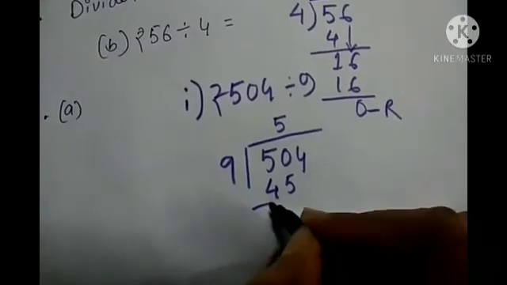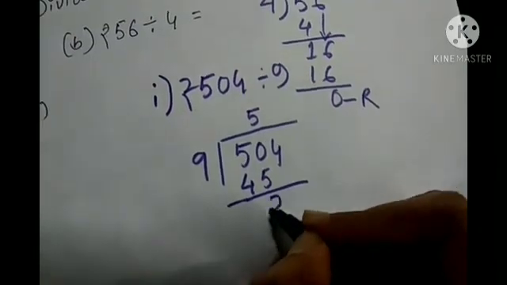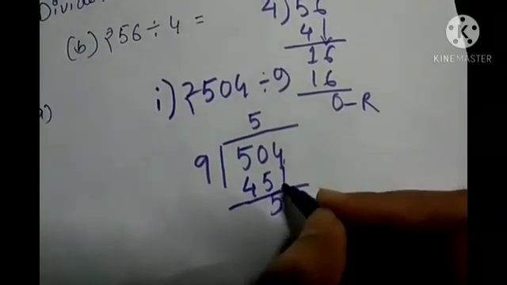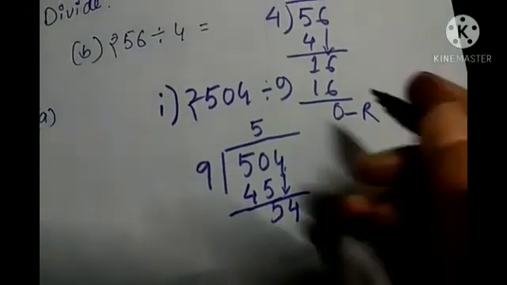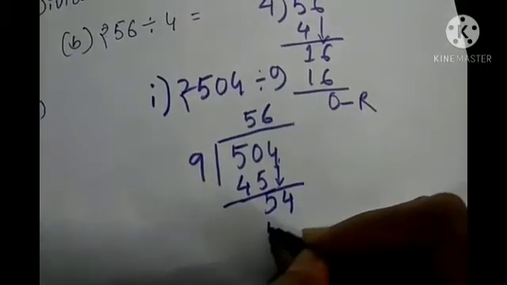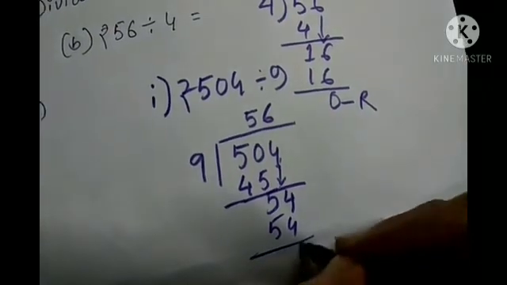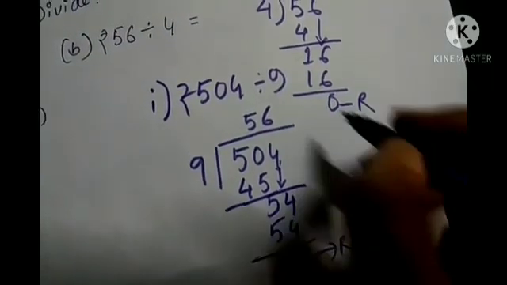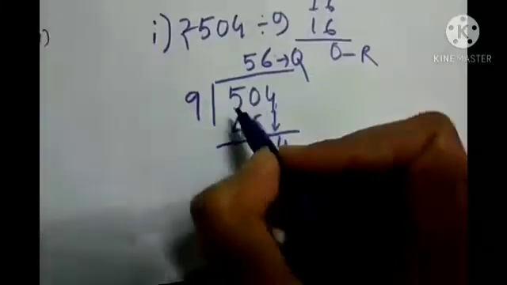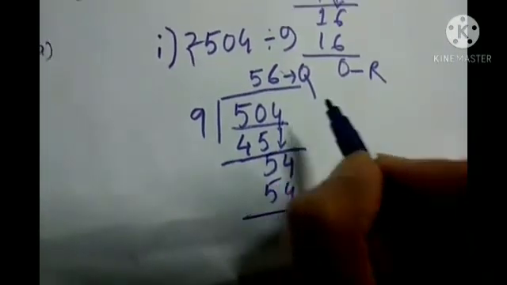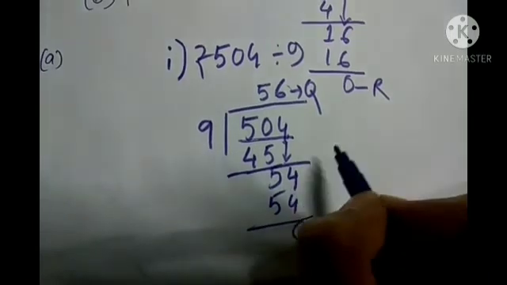If we subtract, we get 5. And this next digit will come here, so as you know, 6 nines are 54. So this is the remainder and this is the quotient here. In this way, if 3 digits are there, no need to worry, just follow the steps of how you divide.